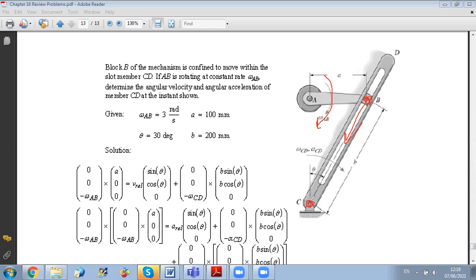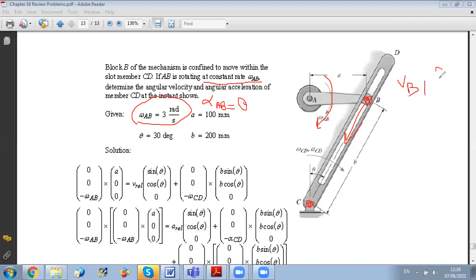Okay? And what I know here, I know completely the information about AB. I know that it's rotating at a constant rate and omega AB is given. So omega AB is 3 and alpha AB is 0. So I can find what is VB easily and what is AB.